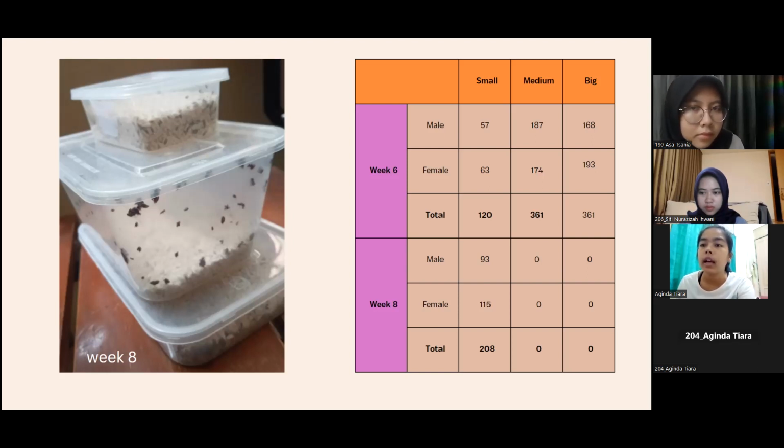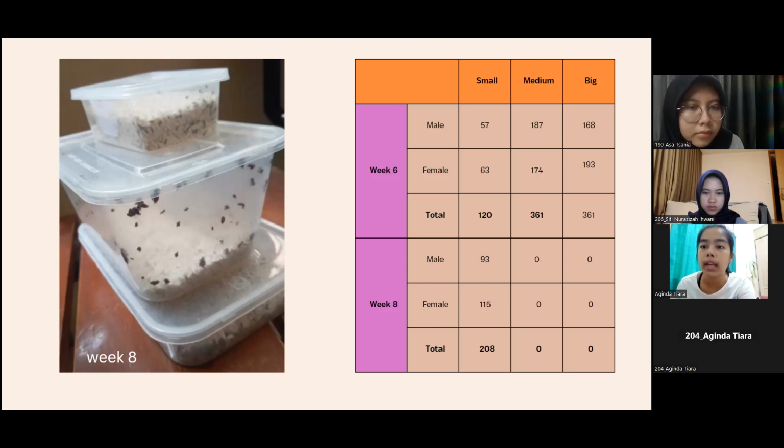And then we found 187 male in the medium container, with 174 female, with a total of 361 insects in the medium container. And in the big one, we found 168 male with 193 female, and the total is 361.